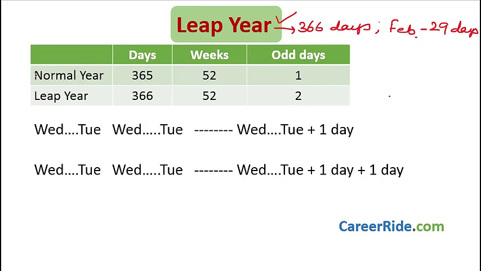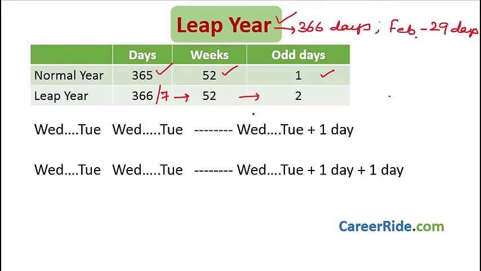In a normal year, we see that there are 365 days, and we saw that we could convert them into 52 complete weeks, and there was one extra day left with us, right? What would happen in case of a leap year? If I divide 366 by 7, I will get a complete 52 weeks, but I'll have 2 extra days left, which I'll not be able to put into a week because they are just 2 days only.